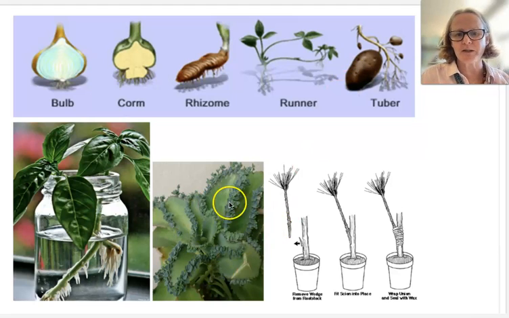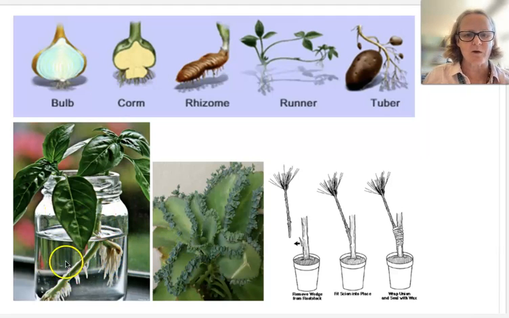We've also got a natural picture in the middle here. It's called Mother of Thousands, and it grows tiny little plantlets on its leaf edges, connected to the main plant by mitosis. Cell division has made them. And we've got some unnatural ones as well. So we've got cuttings put in water and grafts over here, where we've got a whole new plant and we've attached it to a stem by cutting a little notch in the stem and adding it in and binding it together.